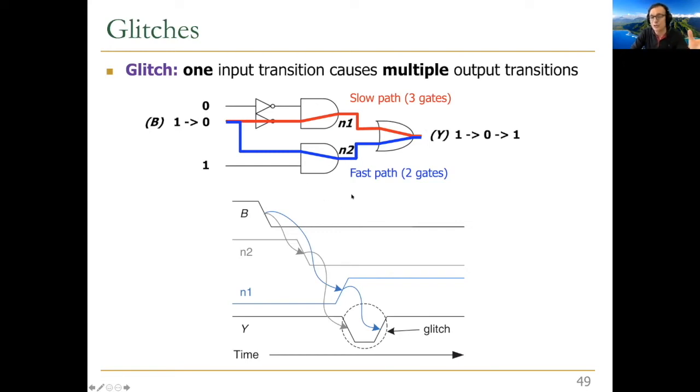So if you had another term over here that changes based on B, and that ensures that no fast path can cause this glitch, then you've actually solved the problem. Basically, you can actually design a circuit that doesn't glitch.